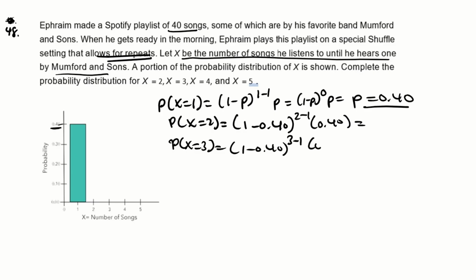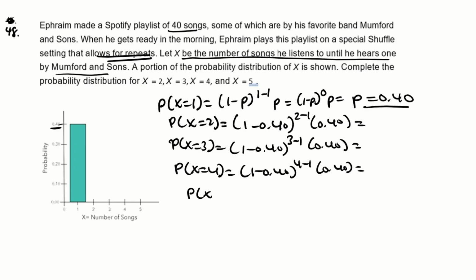And then X equals 4, and so on and so forth. And then we can actually calculate that. I'll tell you what I get. All right, and this is what I get when I do this on the calculator.